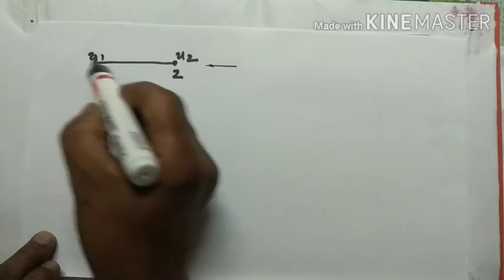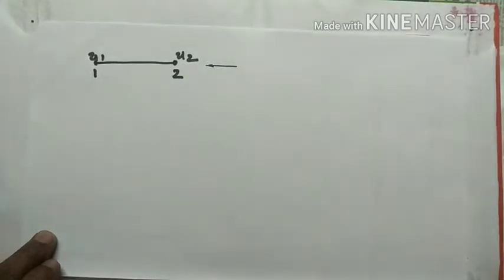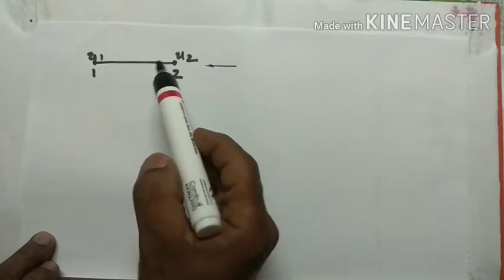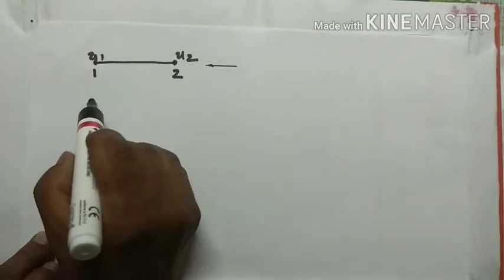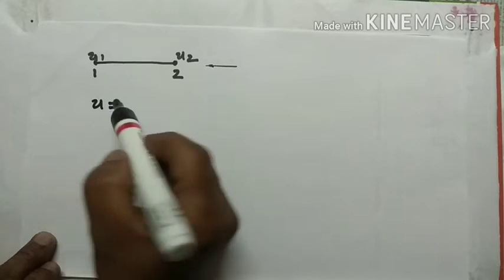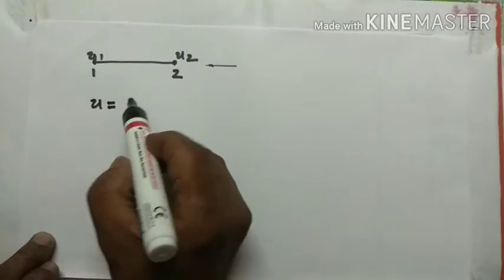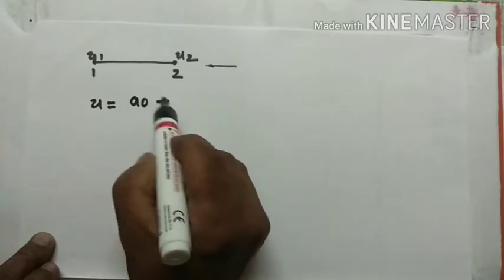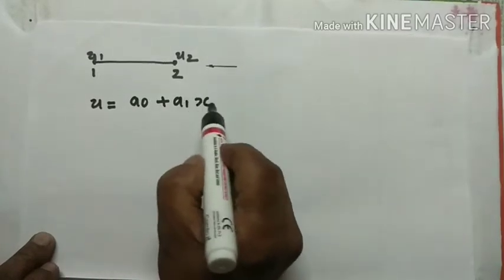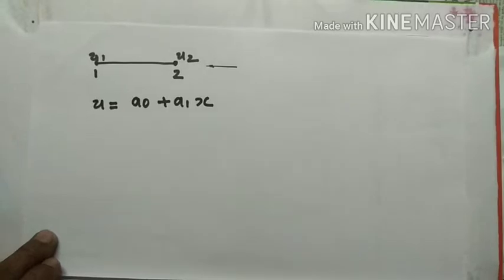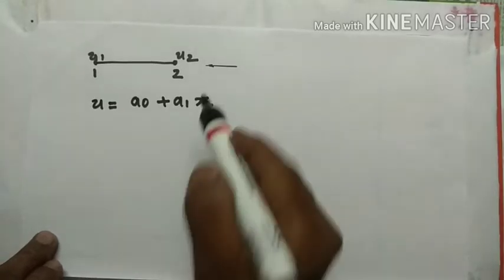Whatever may be, this is in a line. Therefore, displacement at any point can be generally represented using a linear equation, u is equal to a0 plus a1x.